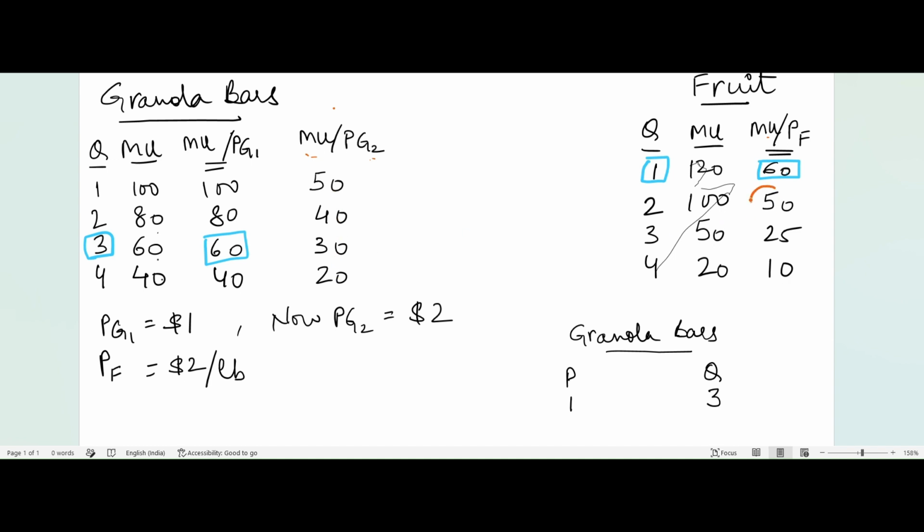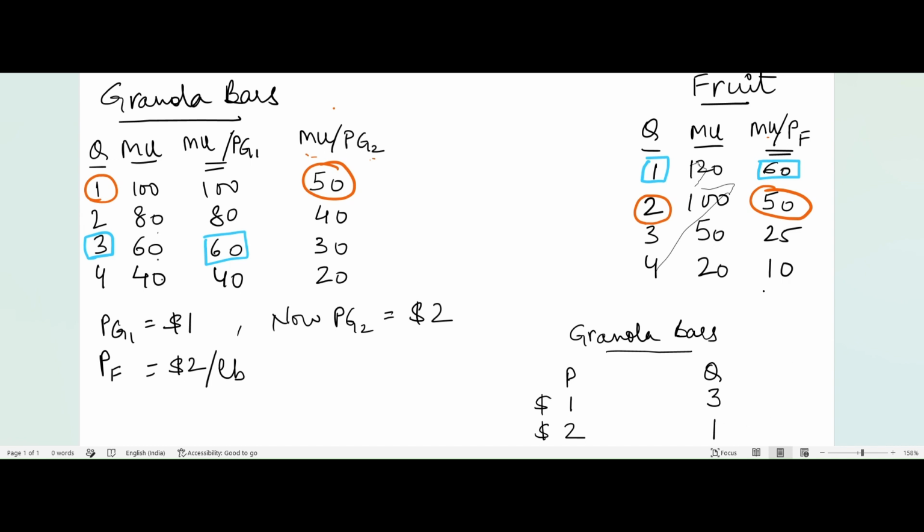I get equal numbers at 50 and 50. So it means I'll be consuming 1 unit of granola bar and 2 units of fruit. So with the price going up to $2, I'll be consuming only 1 unit of granola bar.